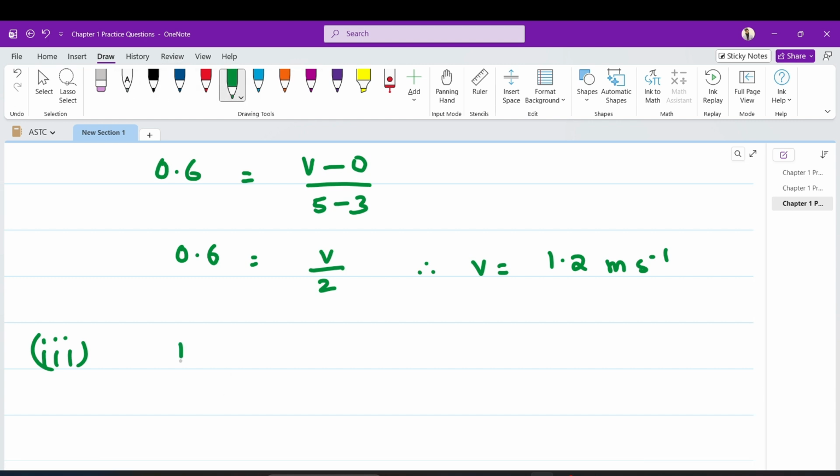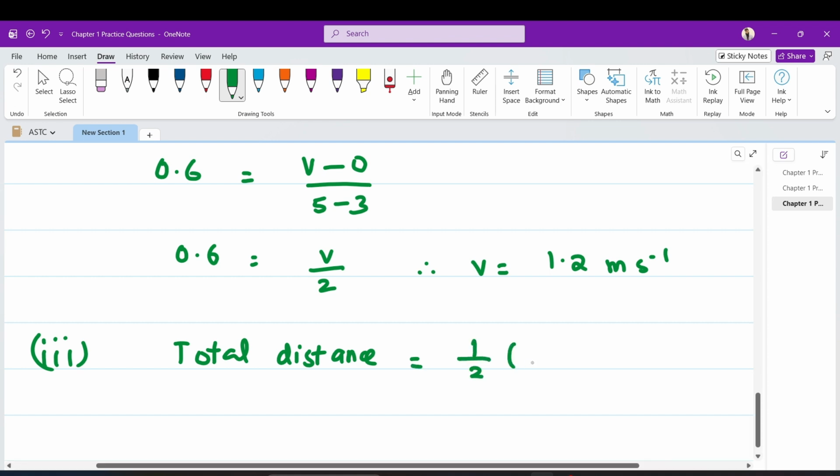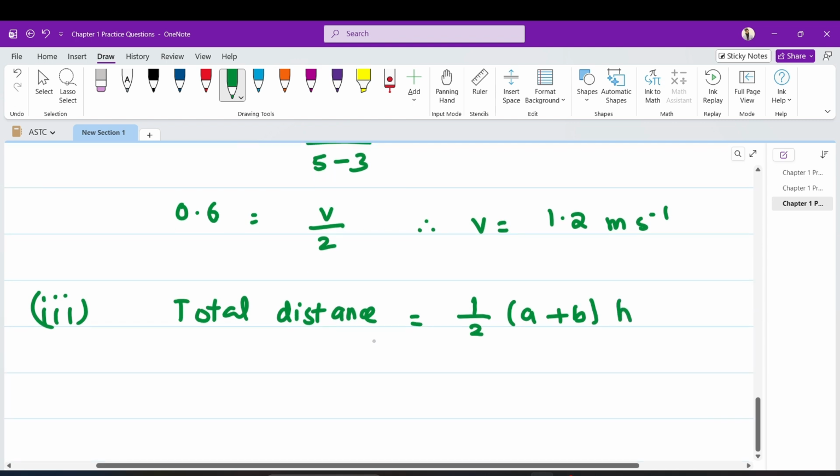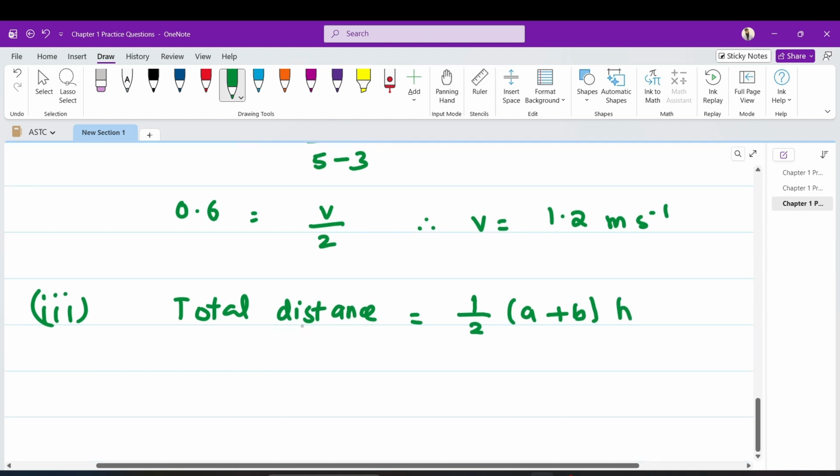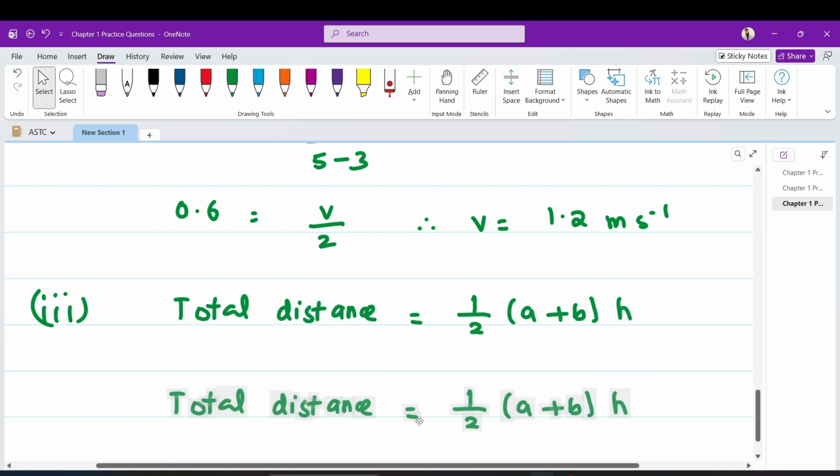So I'm going to say that total distance is equal to half into a plus b times h.